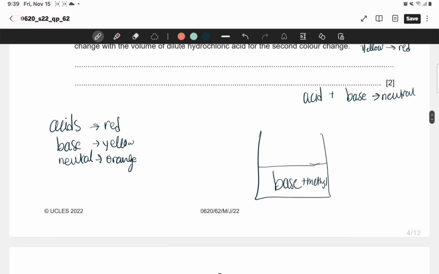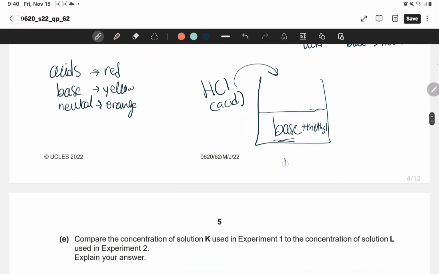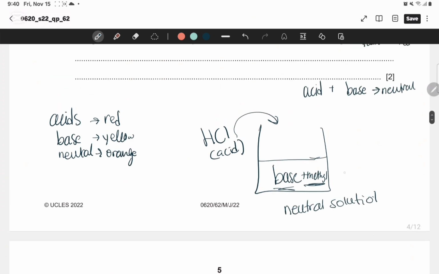Okay? So if I have the base over here and I added my HCl, which is the acid, we're gonna get a neutral solution, right? Because acid plus base gives us a neutral solution. So this neutral solution will be detected by the methyl orange, and then methyl orange will turn to orange.